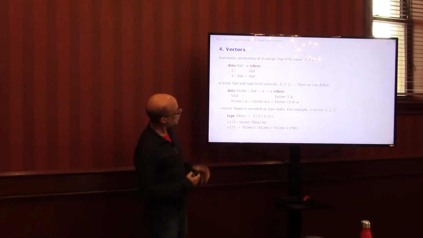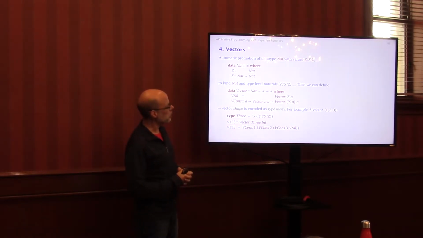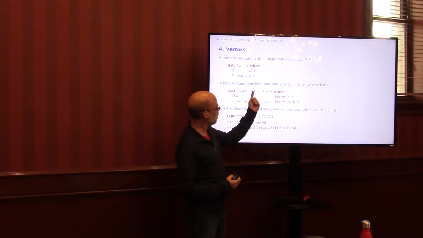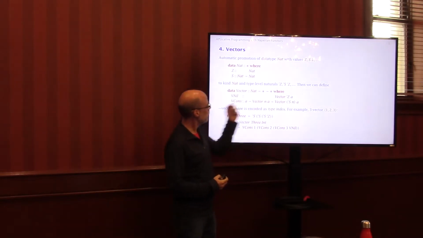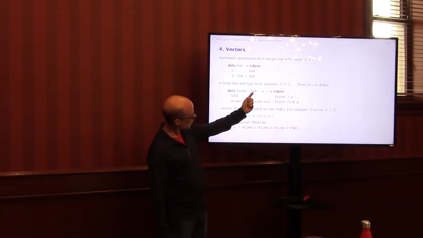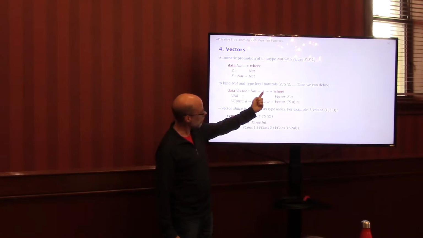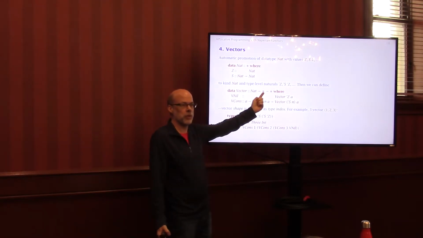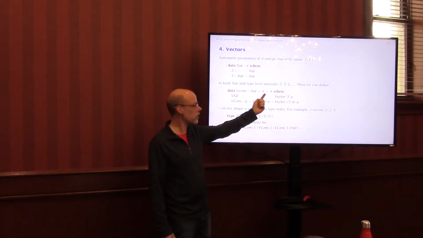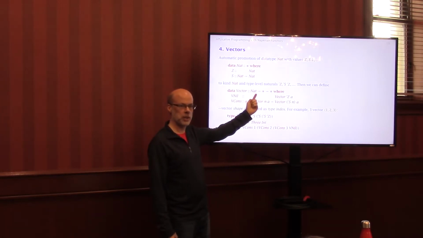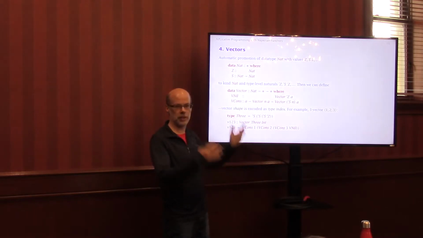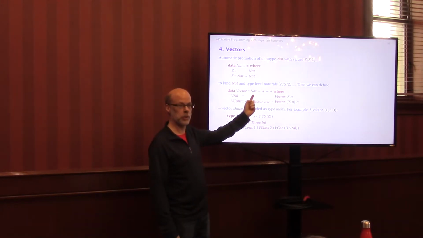But now the shape of the vector is encoded in the type index, the first parameter. So vectors take 2 parameters and yield a type, and the second parameter can be an arbitrary type, so it's polymorphic. Vectors are polymorphic, you can have vectors of anything. But the first parameter can only be a Nat, things of kind Nat, so you can have vectors of a length, but you can't have character or boolean or lists of strings or anything like that in that position.